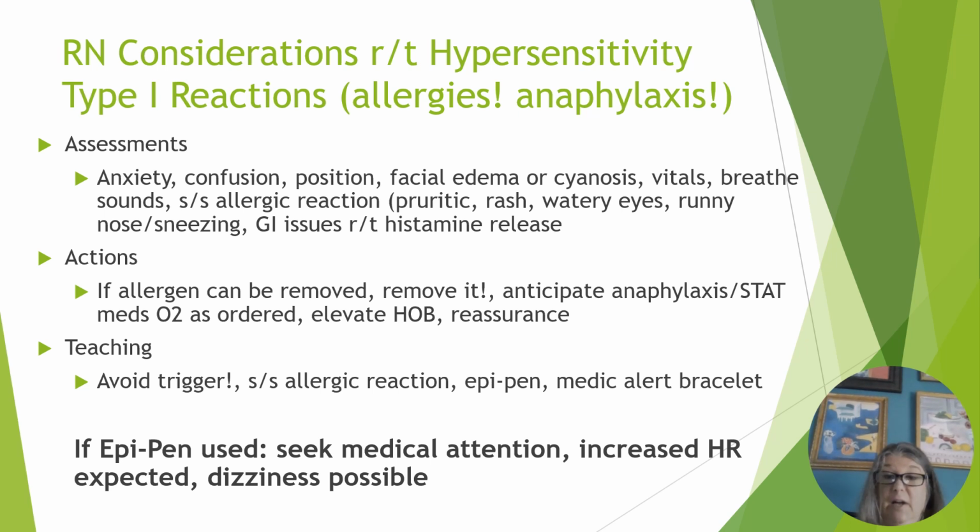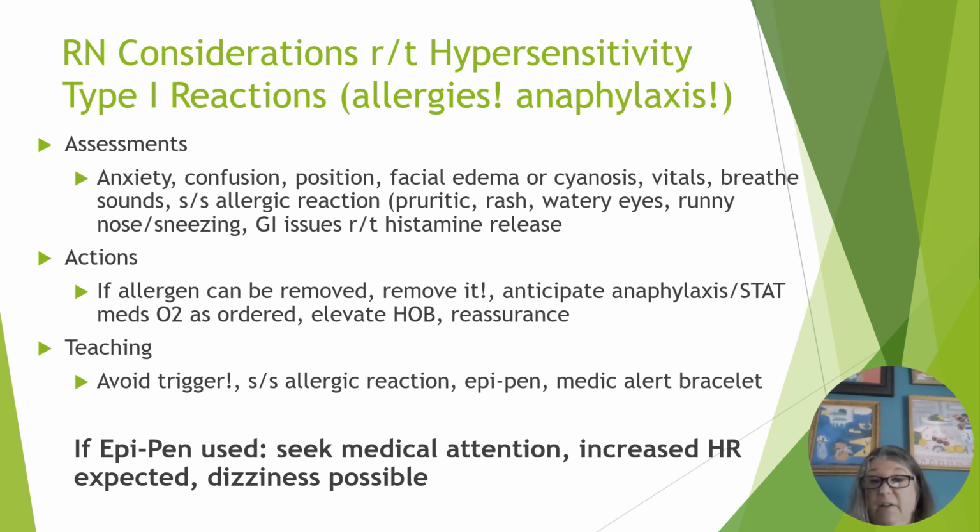Are they trying to catch their breath? Do we have facial edema or cyanosis? Facial edema, we have swelling of the face. We worry about that airway getting closed off. If we have cyanosis, that obviously is a sign of hypoxia, right? And we worry about that. So that is going to indicate to us whether or not it is a local or systemic reaction.